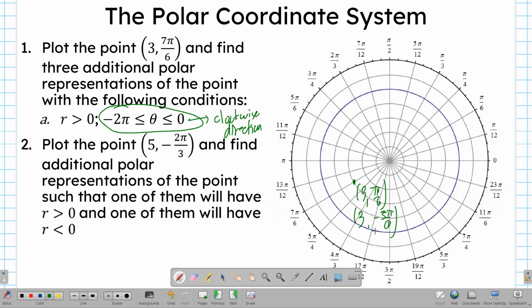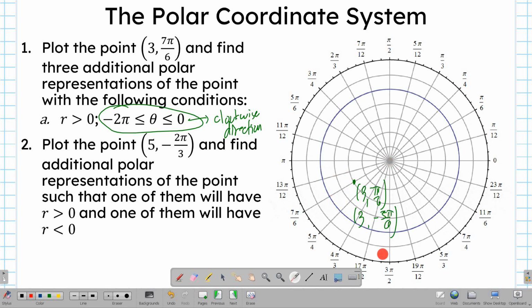So let's have another example. We are now asked to plot the point (5, -2π/3) and find additional polar representations of the point, such that one of them will have r greater than 0 and another r less than 0. So let's work first with where (5, -2π/3) is. -2π/3 is somewhere here.